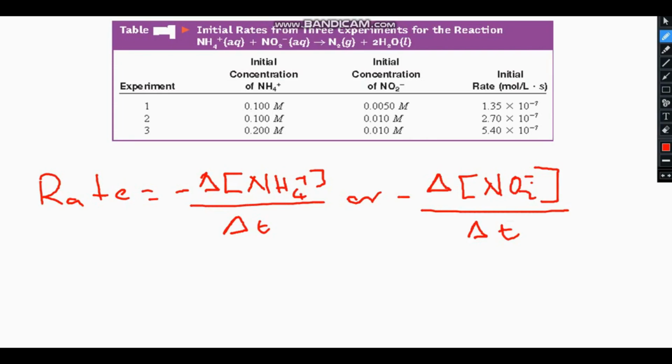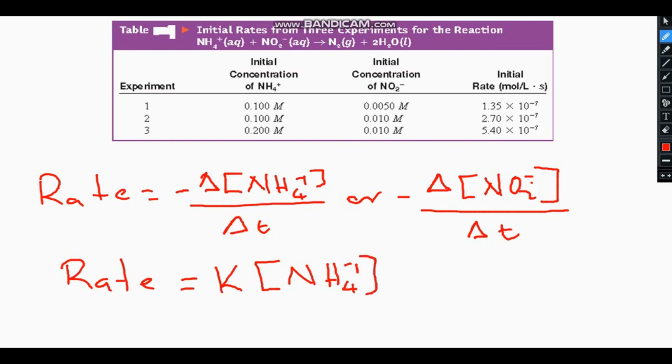So when you have this, then you have the rate for these reactants. But basically, this rate can be summarized by putting the constant there, the rate constant. So if we want to summarize this using the rate constant, we can say rate is equal to the rate constant, then the concentration of NH4 plus raised to the power n, then also the concentration of NO2 minus raised to the power m.